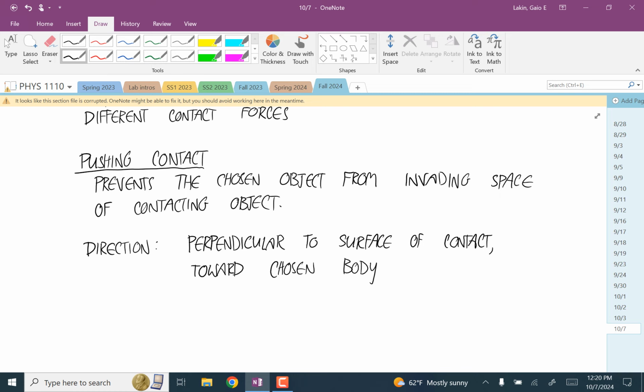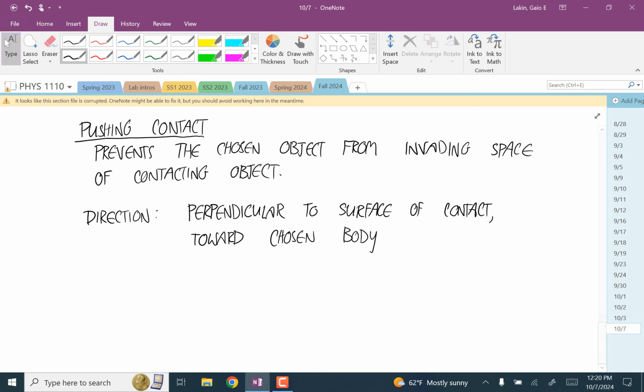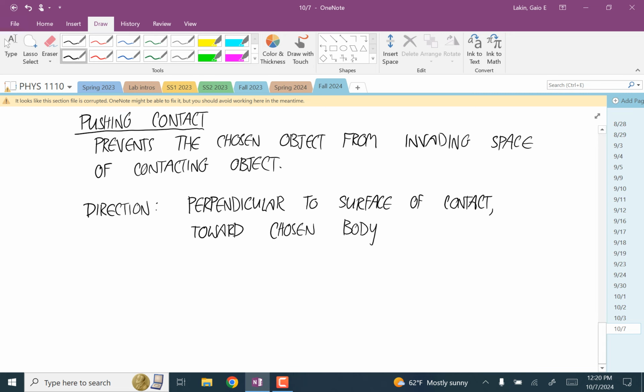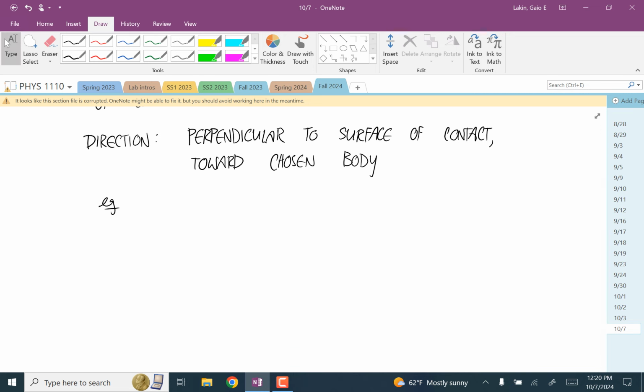Okay, so let me draw a couple pictures and show you how this works. So for example, if you have two rolling carts, let's say this one is body 1 and this one is body 2.